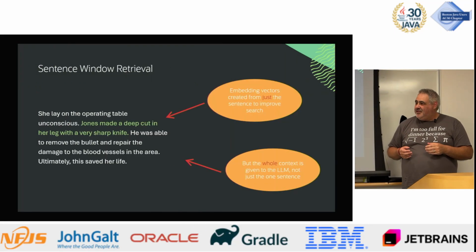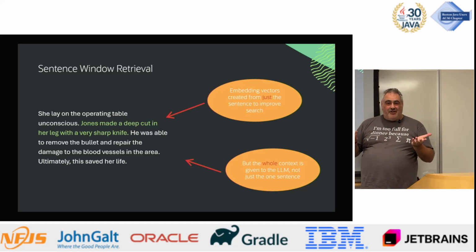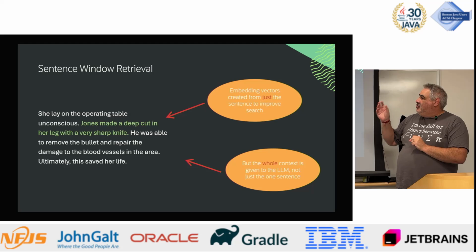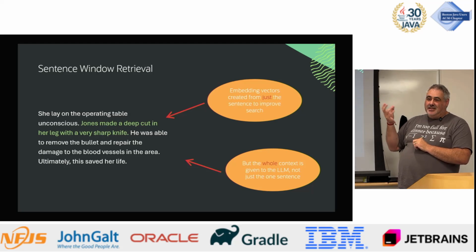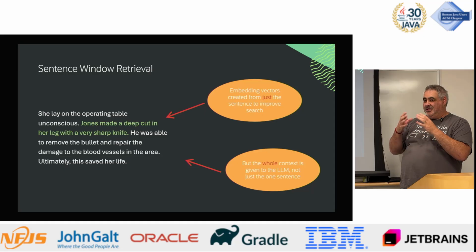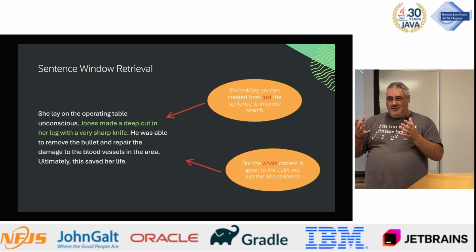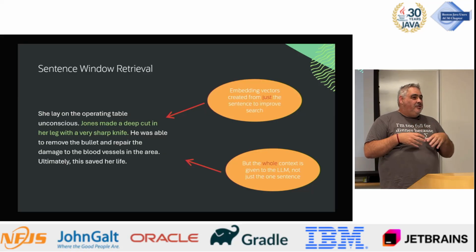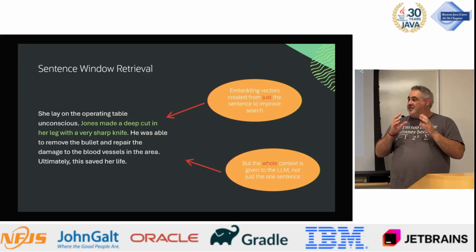There's a very interesting new technique called sentence window retrieval, where you use a very small piece, like a sentence, because in English a sentence is meant to represent a single complete thought. You create the vector from the sentence, trying to capture the semantic meaning.